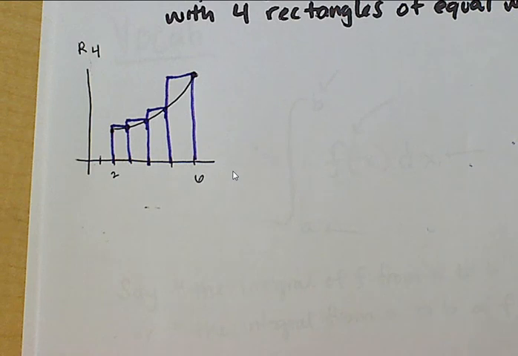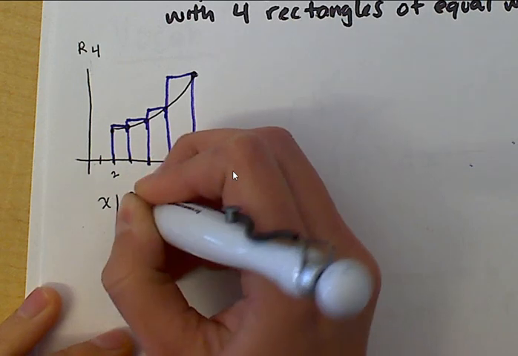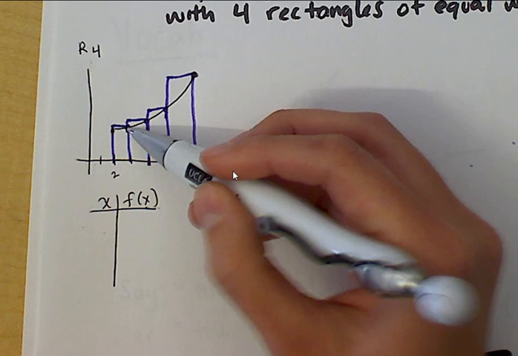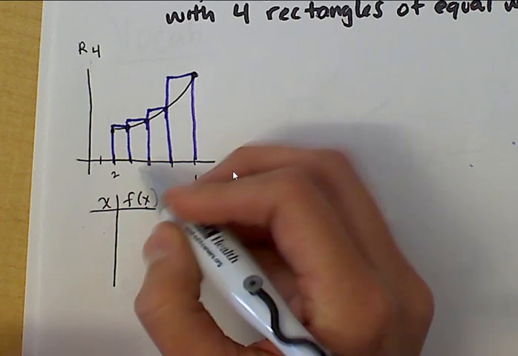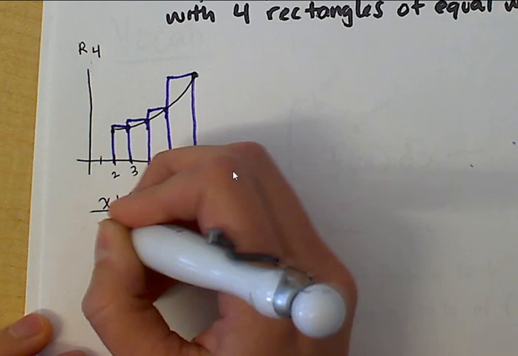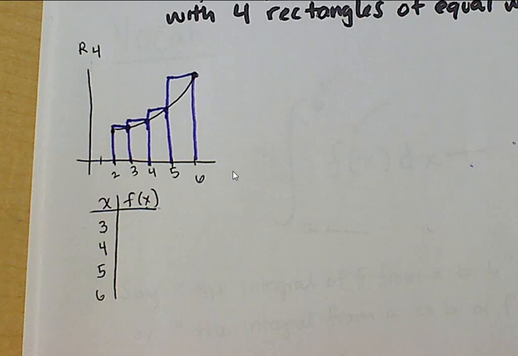So in my t-table, x and f of x, the values that I want to plug in for my heights are where I put my points. So I'm not going to use 2, I'm going to use 3, 4, 5, and 6. These are my rightmost points.